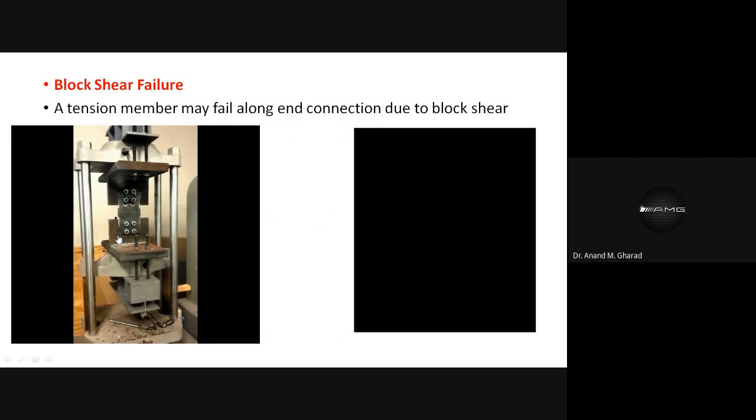Okay, so now are you able to see that there is a failure of this plate, and the pattern of the failure is something of this sort, isn't it? Are you able to see this failure pattern?